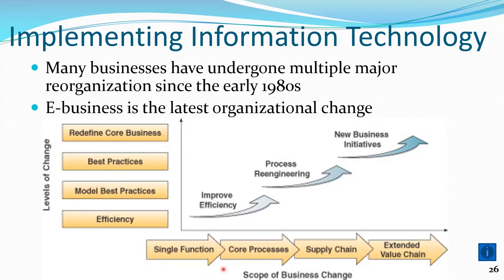And here, the scope of business change, right? Usually technology might initially be put into a single function, only HR, only marketing. But once it comes into the core process, it might move into other functional areas or a combination of functional areas.